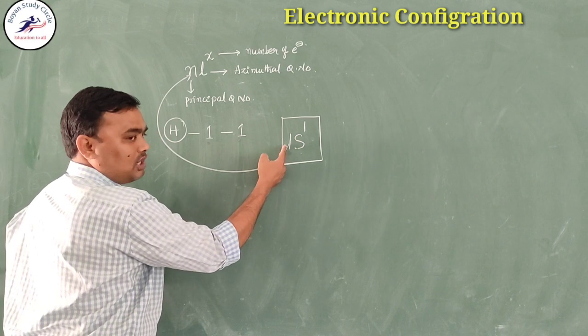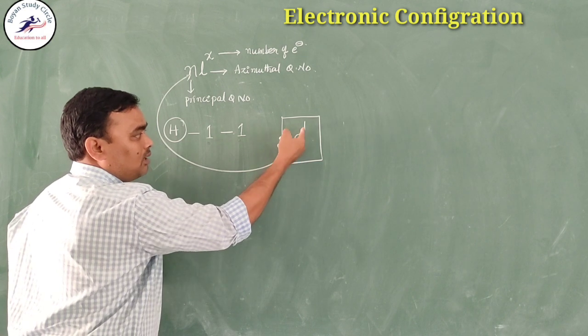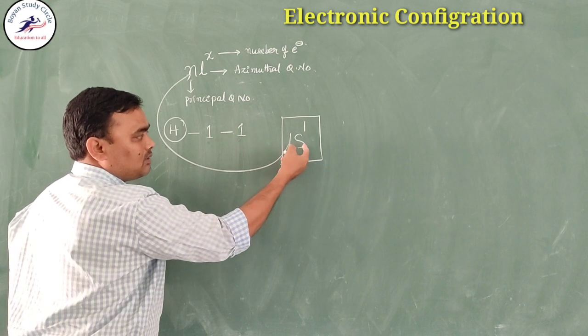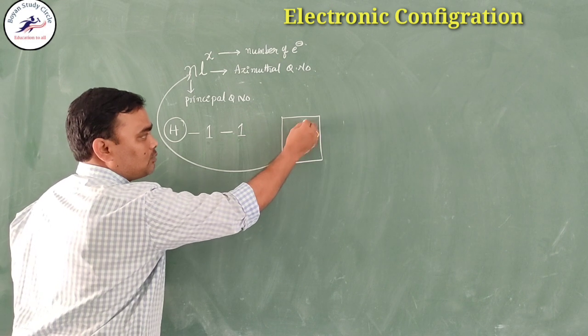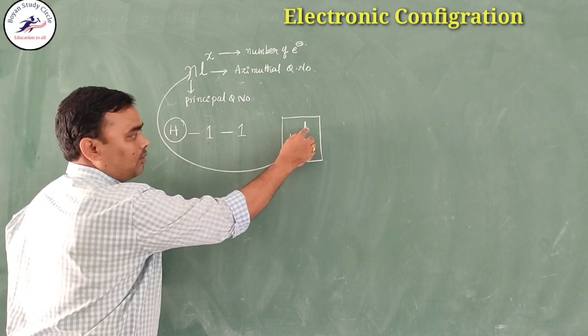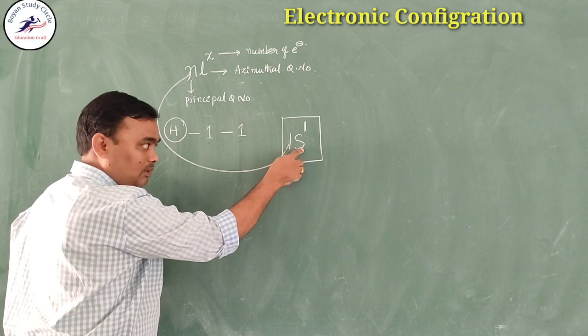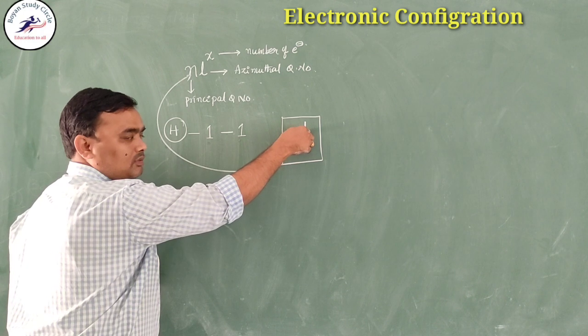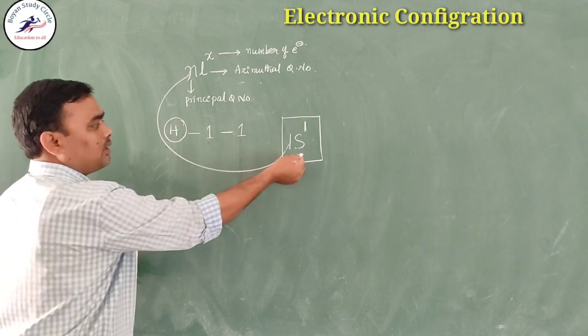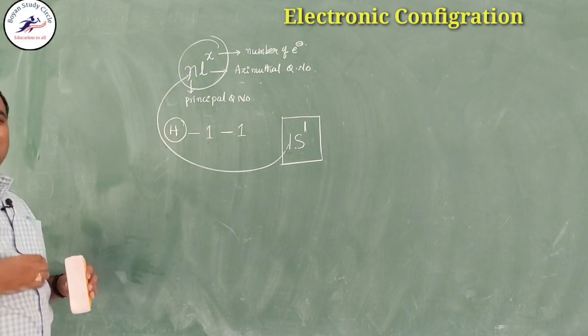So this is the main shell and this is the subshell. And in the s subshell, how many electrons can be filled? 2. But here only 1 is present, that's why you write 1. So 1s1 means it belongs to the first main shell and the s subshell, and 1 electron is filled into the orbital.